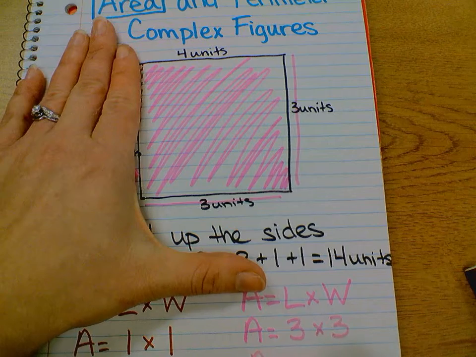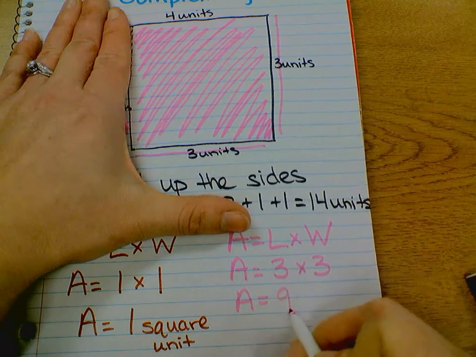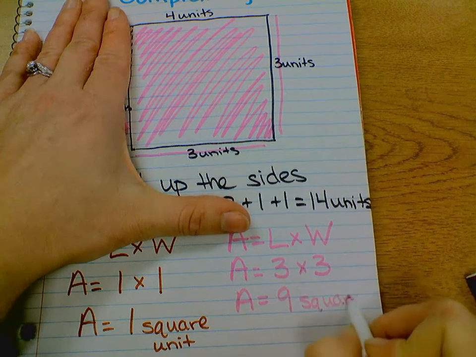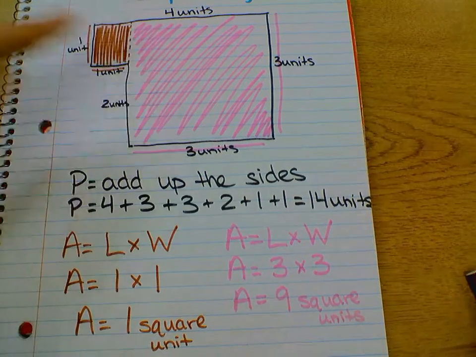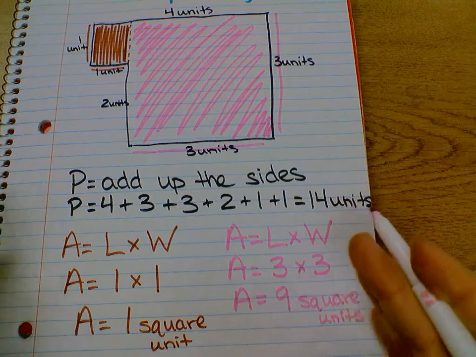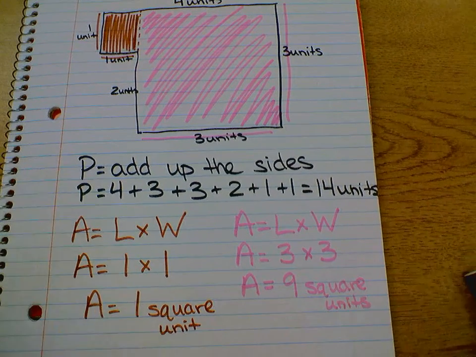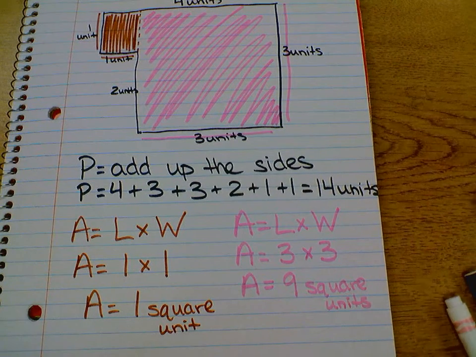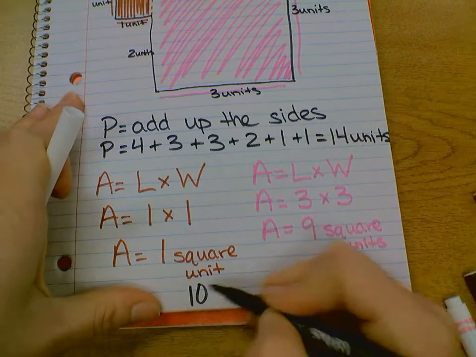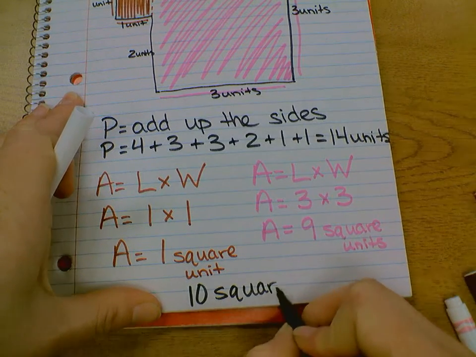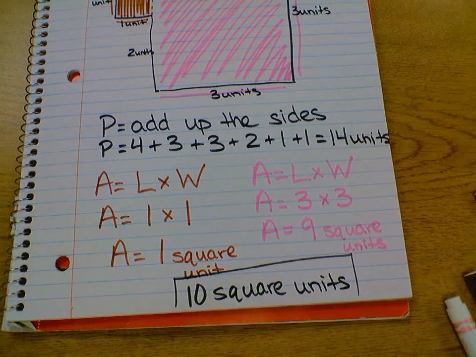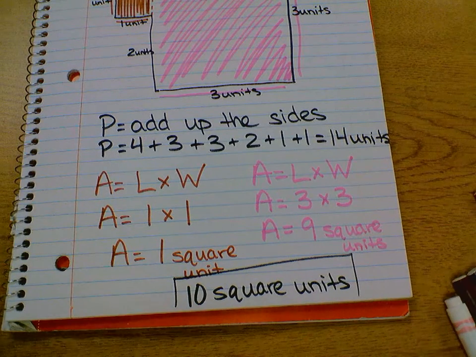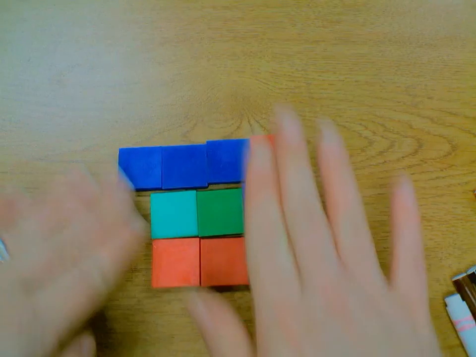So that gives me an area of 9 square units. So the area of my whole complex figure would be 1 plus 9, and it equals 10 square units. Shazam. There's our area.